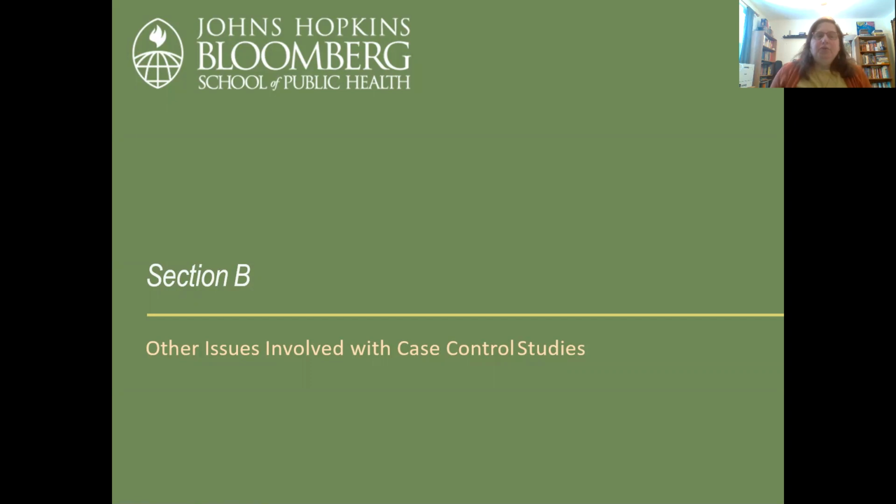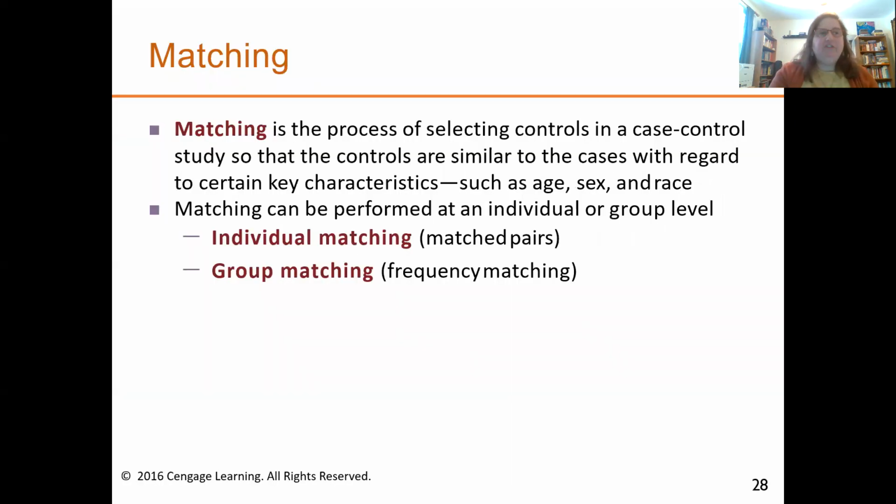So let's talk through now some other issues involved with case control studies. Matching. Matching is the process of selecting controls in a case control study so that the controls are similar to the cases with regard to certain key characteristics such as age, sex, and race. Matching can be performed at an individual or group level. Okay.